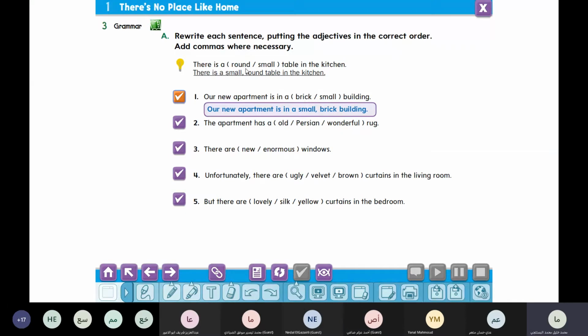According to the category which we studied before. Small is what? It is not an opinion, it is a size. Then brick comes last in the category, here, material. So it will be in a small brick building. Just notice here the comma. We have to put commas after the adjectives. Number 2.